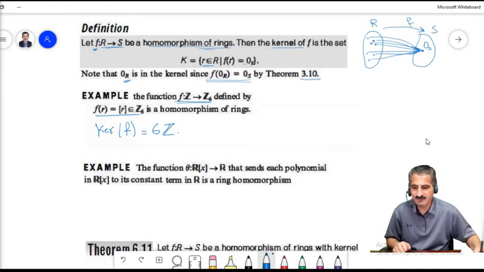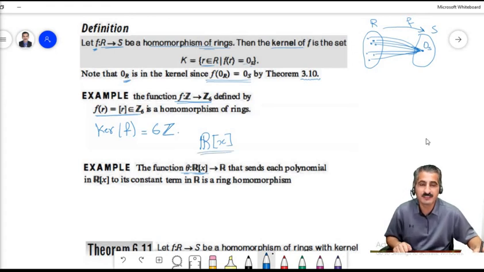And for this example, theta is a function. This represents polynomials, right? So let me rewrite it here: polynomials over real numbers, which means all polynomials with real coefficients. And we want to take a polynomial to some real number, so theta sends each polynomial in R[x] to its constant term.